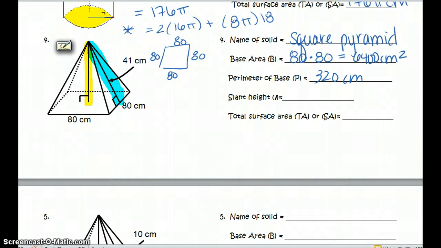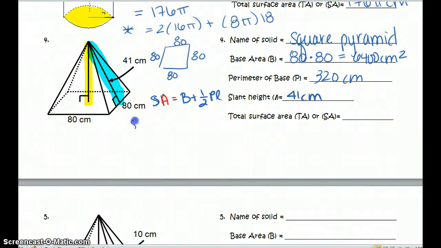That's the one we need for our formula. Because our formula calls for surface area equals B plus 1/2 P times the slant height. The slant height in this case is 41 centimeters.